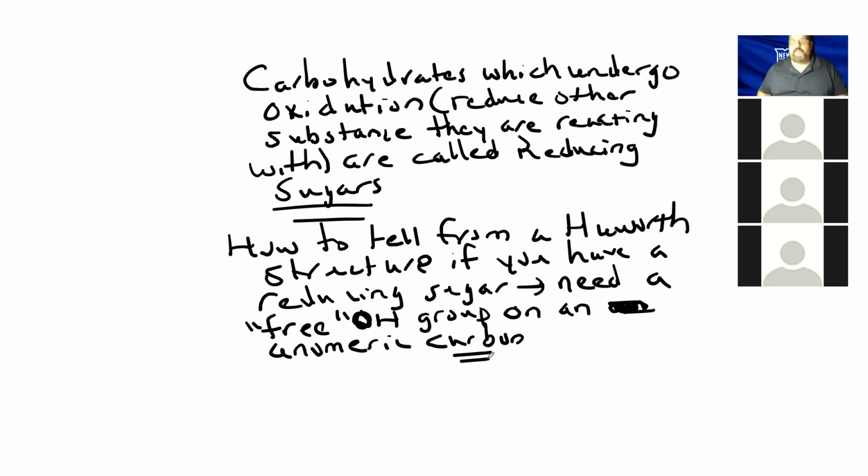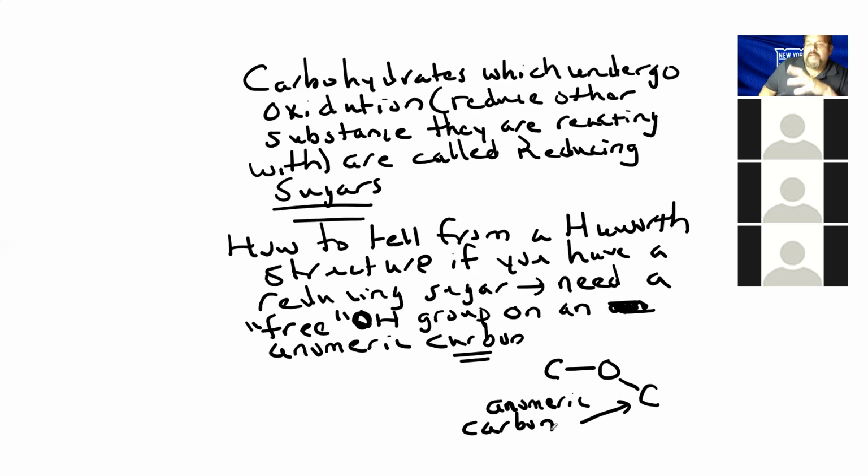It applies to all of them. You want to look at the Haworth structure. You want to find the anomeric carbons. Now, how do you find the anomeric carbons? The anomeric carbon, whether it's a 5-atom ring or a 6-atom ring, is always going to be to the right of the oxygen in the ring. That's always going to be where you're going to find the anomeric carbon.